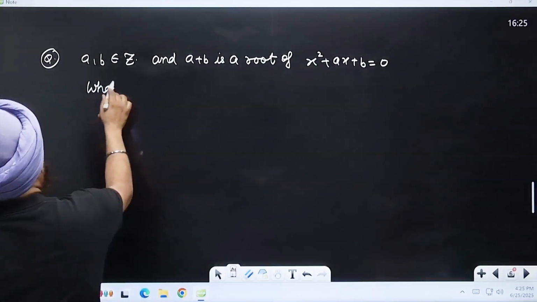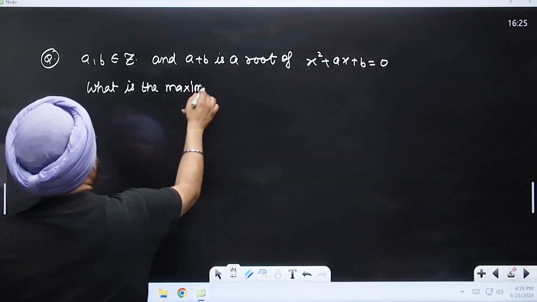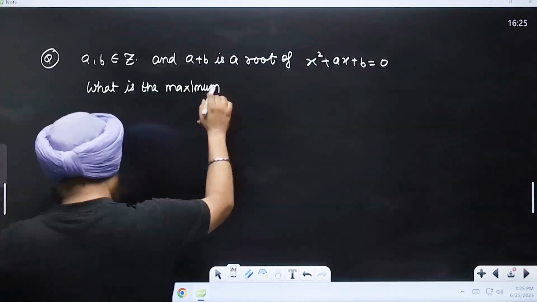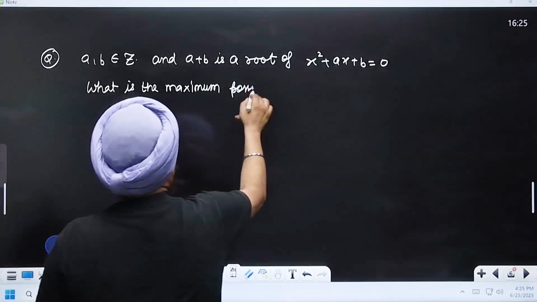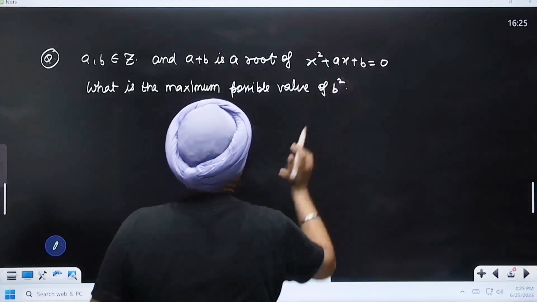What is the maximum possible value of b square?